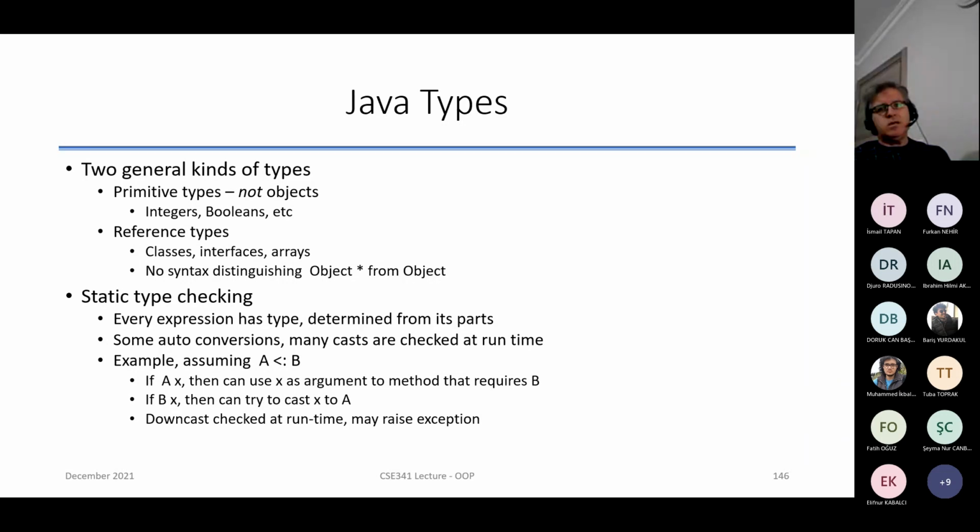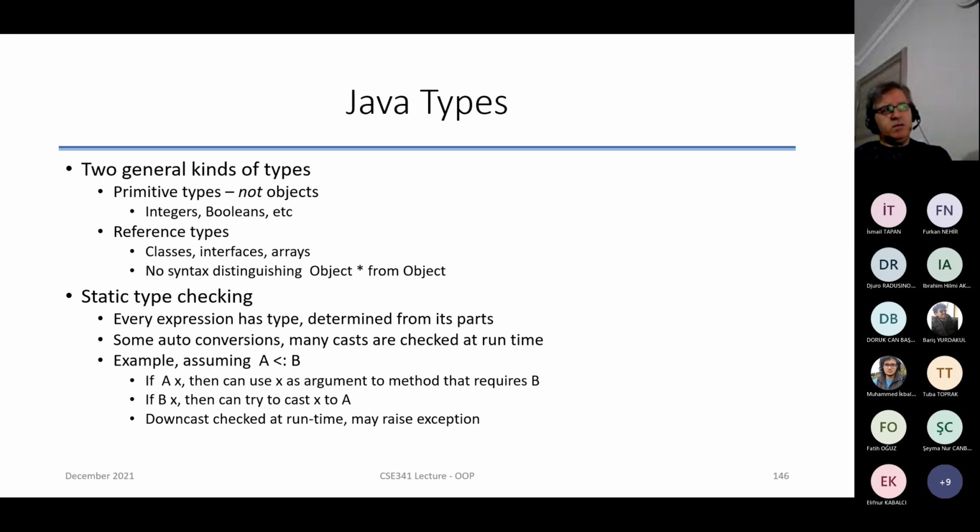These are not objects. Again, this is a deviation from everything being an object, or a class type distinction. Here you have primitive types like integers, booleans, etc., and they are not objects. They are treated as different types of primitive types.